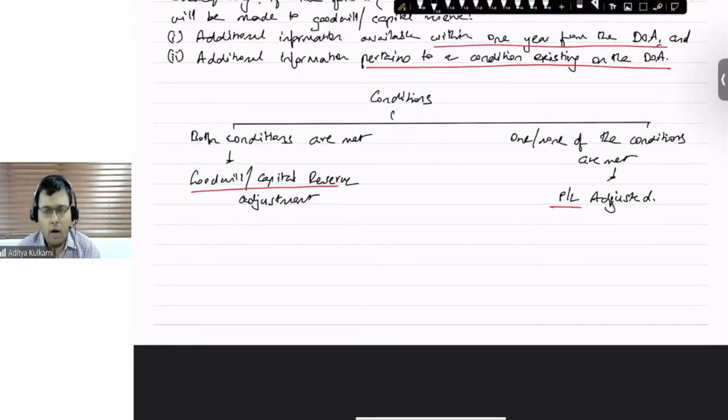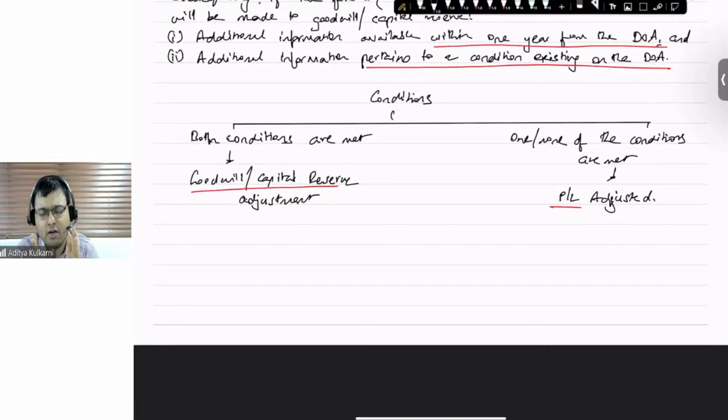So it depends. Our job is to record the transaction. Our job is not to do the fair valuation. But you can follow a binomial model, or you can follow a Black and Scholes model. Whatever model is there, depending on the inputs that you have, you can determine the fair value of the liability. We had also seen the fair value of a liability when we did Ind AS 113.